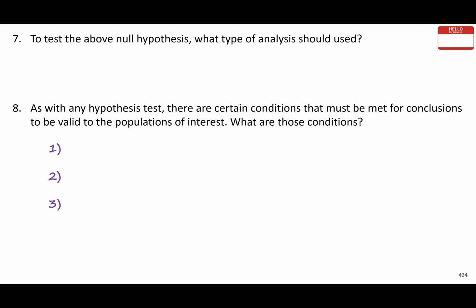So to test the above null hypothesis, what should we use? Single factor ANOVA. So that's what we're going to do. Here we have the data in each group must be normally distributed or have big enough sample sizes.